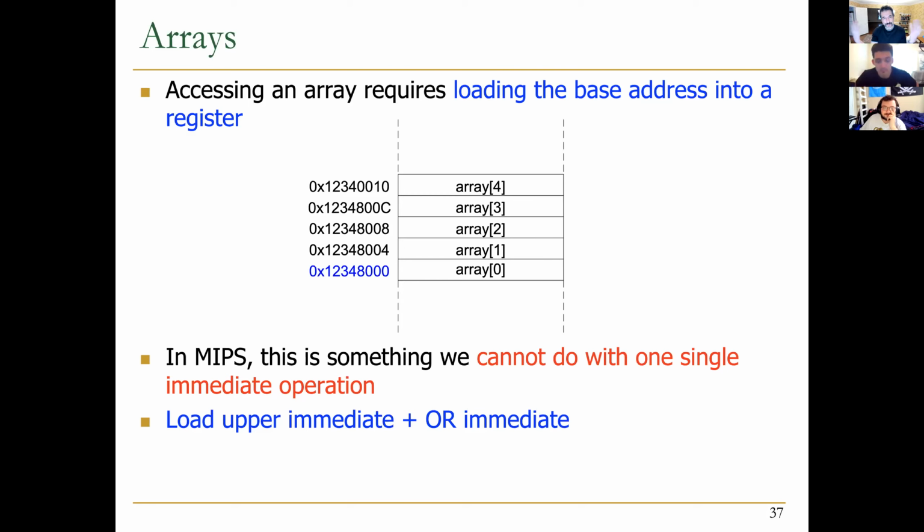But I'm talking about why we don't have any hardware implemented MIPS instruction to make this happen, and why we need to use a combination of two, in this case load upper immediate and or immediate instruction. This is my question.